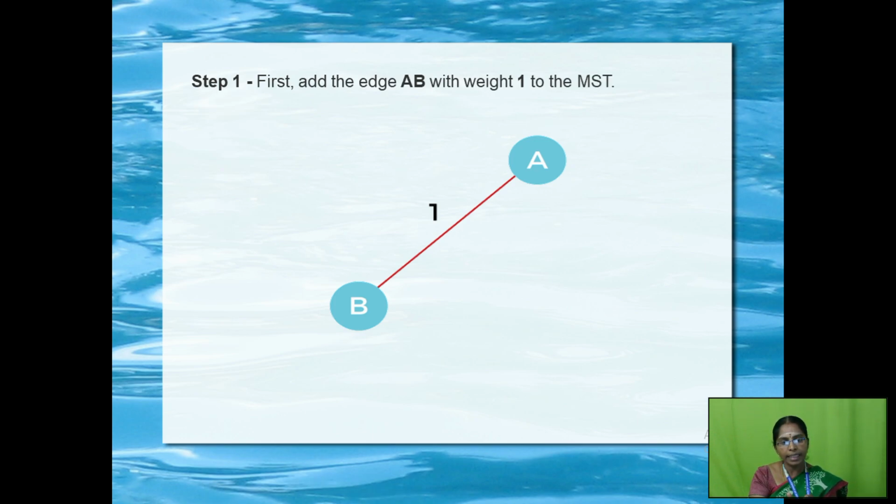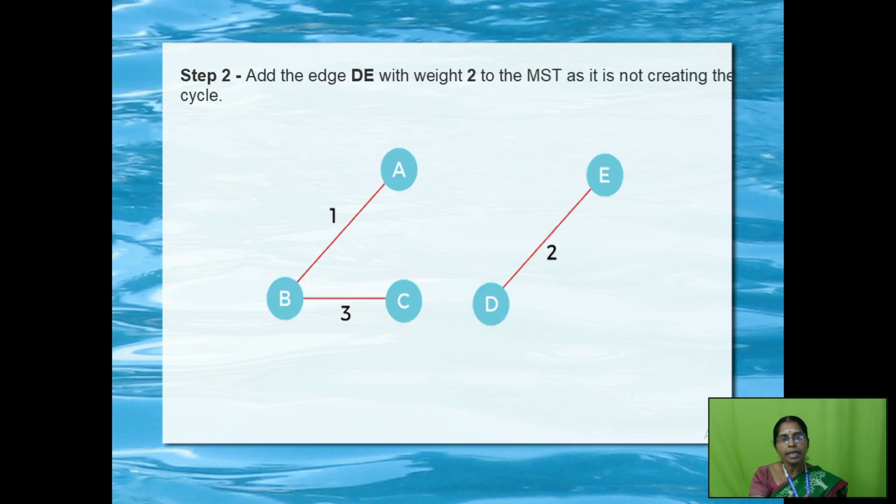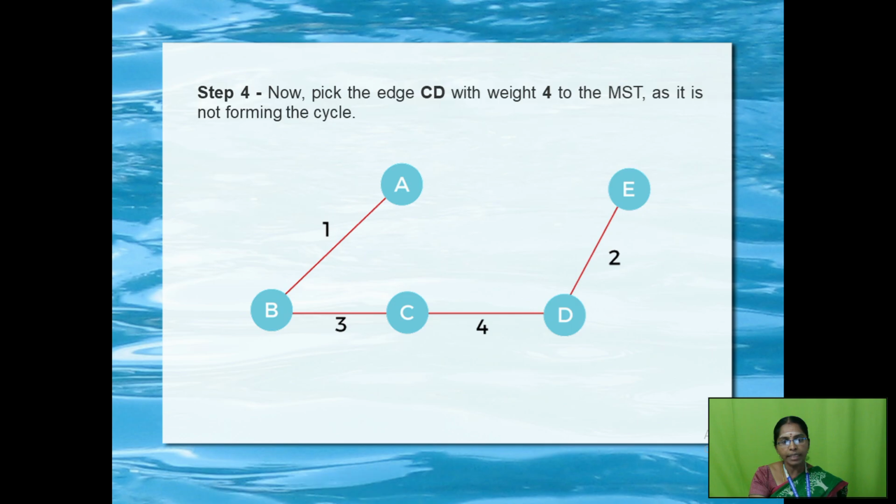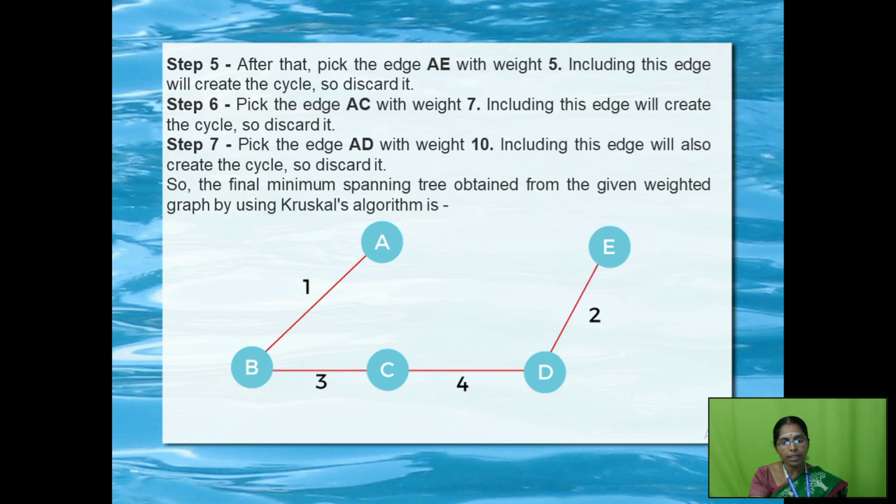First we add the edge A to B with weight 1 to the minimum spanning tree. Next we add the edge DE with weight 2 to the minimum spanning tree, and it is not creating a cycle. Now pick the edge CD with weight 4, as it is not forming a cycle. At every step you should check whether the minimum spanning tree forms a cycle or not.